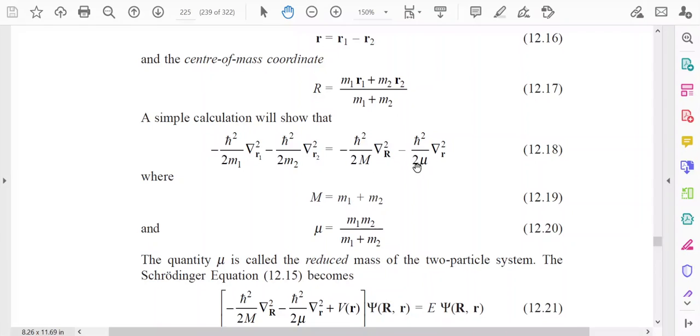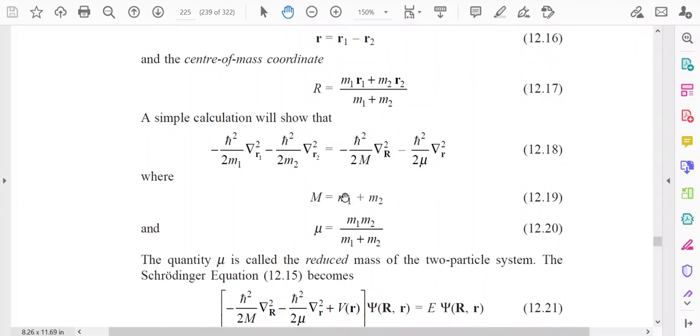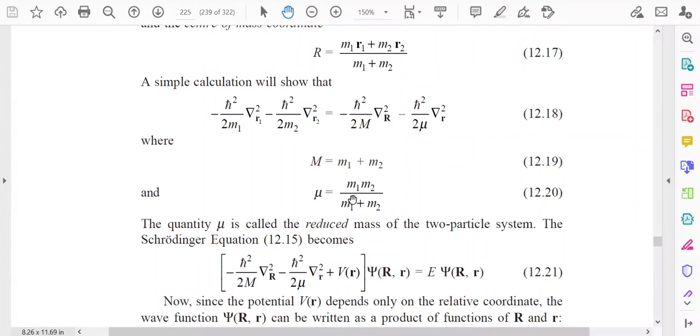You see, on the right hand side we are not writing r1 or r2, the individual coordinates of m1 and m2. We have expressed the right hand side in terms of the center of mass coordinate capital R and the relative coordinate small r, where capital M is equal to m1 plus m2, and there is a term mu. Mu is equal to m1 m2 divided by m1 plus m2. What is mu?